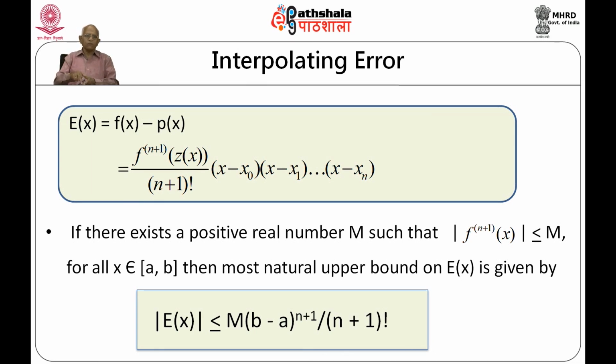So their maximum value will be b minus a, and if I replace all these factors by b minus a, I will get M into (b minus a) raised to n plus 1 in the numerator divided by (n+1) factorial in the denominator. So, that will be a very crude upper bound on the error.